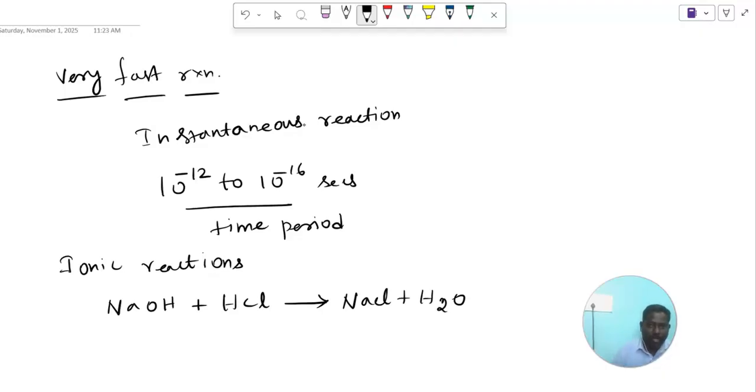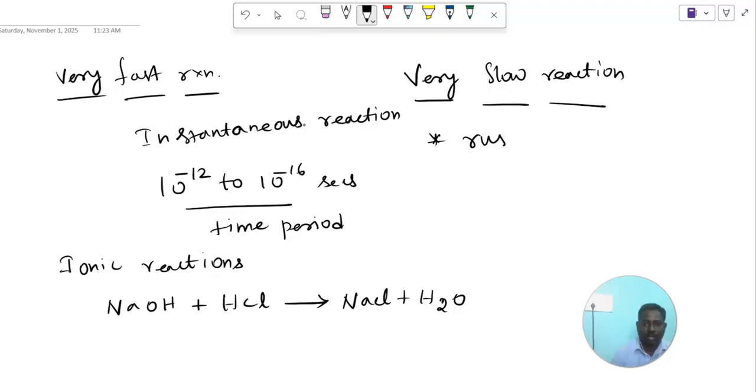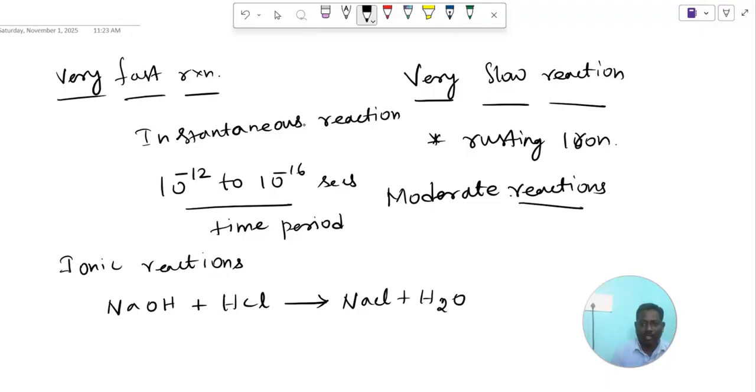We have an example for very slow reaction. That is nothing but rusting of iron. Rusting of iron is a well-known example for very slow reaction. And one more type is moderate reaction. Moderate means it is intermediate between fast reaction and slow reaction.